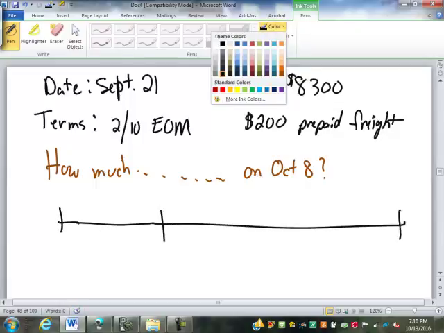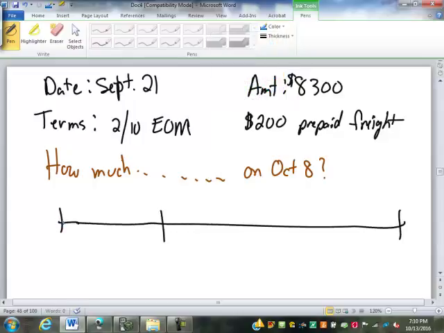So here again, normally this would begin on September 21st, but because of the EOM, this is going to begin on September 30th, the last day of September. Now it makes the rest of this really simple. When's the end of the credit period? Well, it's 2/10.